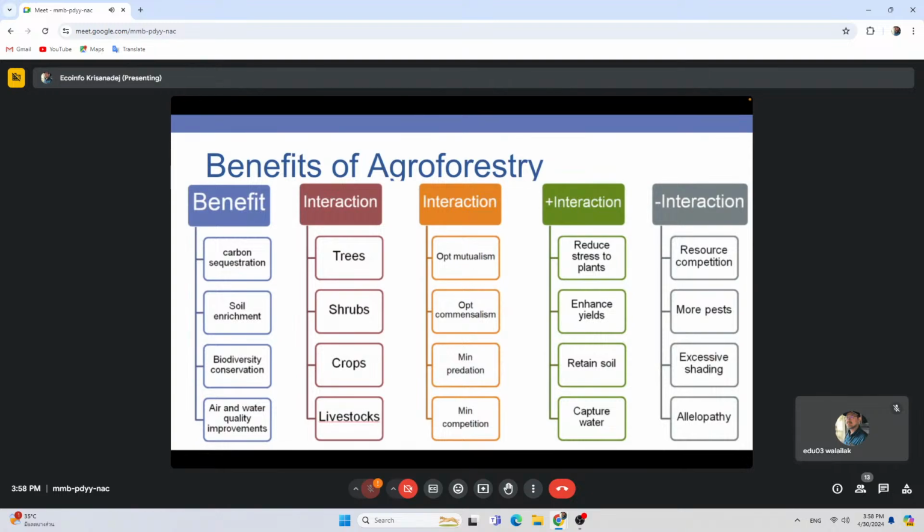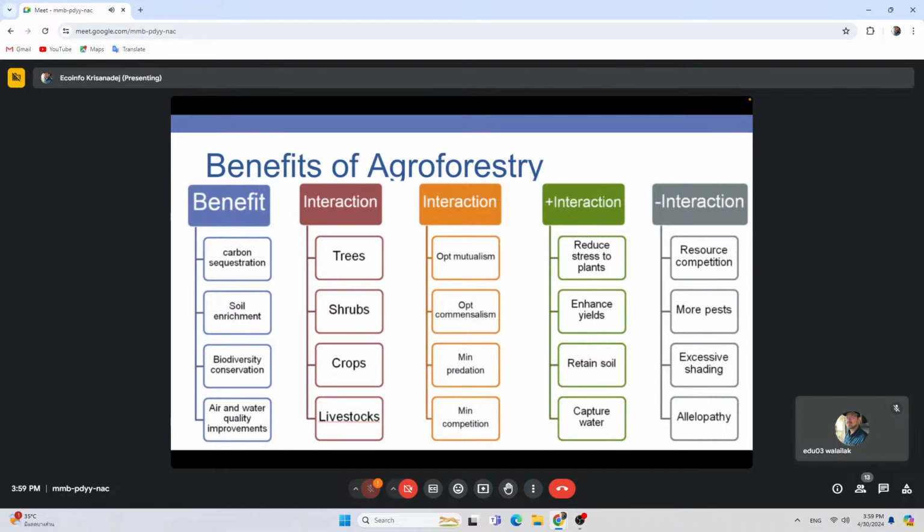The benefits of agroforest are that it stores carbon, helps soil enrichment, does biodiversity conservation, and improves water quality. In terms of interaction between trees, shrubs, crops, and livestock, it enhances the interaction.